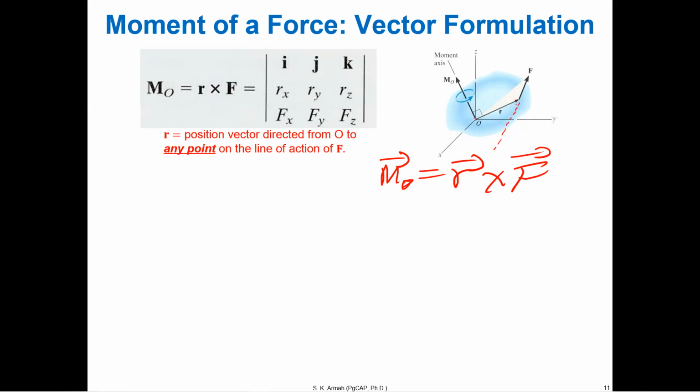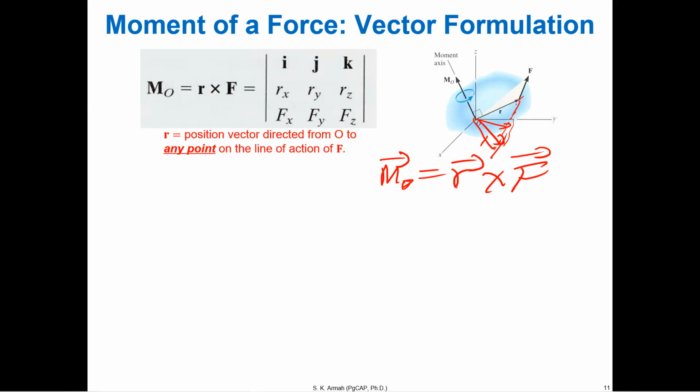That is very important. So you can go like this, you can go like this. Anywhere you can get a point, you go to the line of action of F. And that's how to measure. This R is the position vector directed from the point you are taking the moment to the line of action of the force. And it's called R cross F.